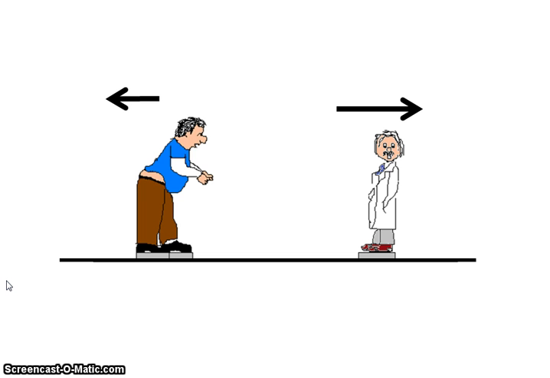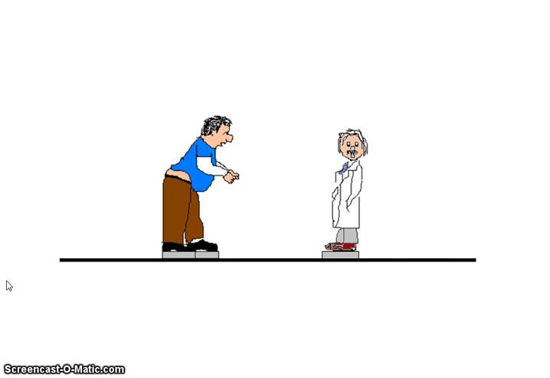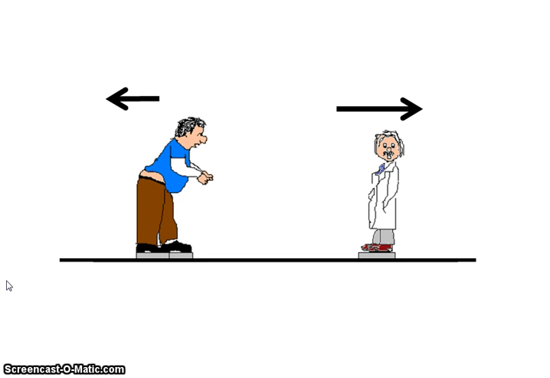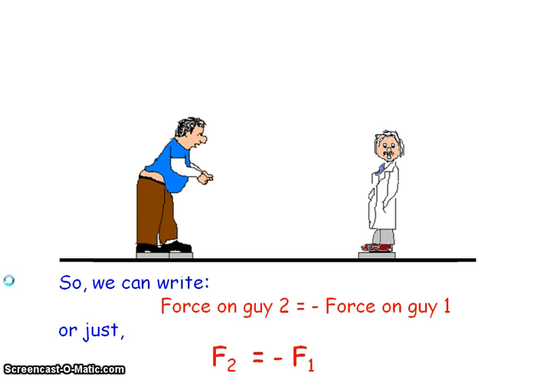Essentially, what's happening is that the big guy is applying a force to the little guy and causing him to accelerate.